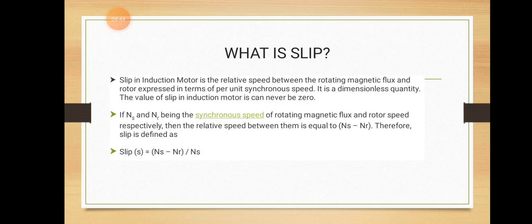The value of slip in the induction motor can never be zero. If Ns and Nr are the synchronous speed of the rotating magnetic flux and the rotor speed respectively, then the relative speed between them is Ns minus Nr. Therefore the slip is defined as (Ns minus Nr) divided by Ns.